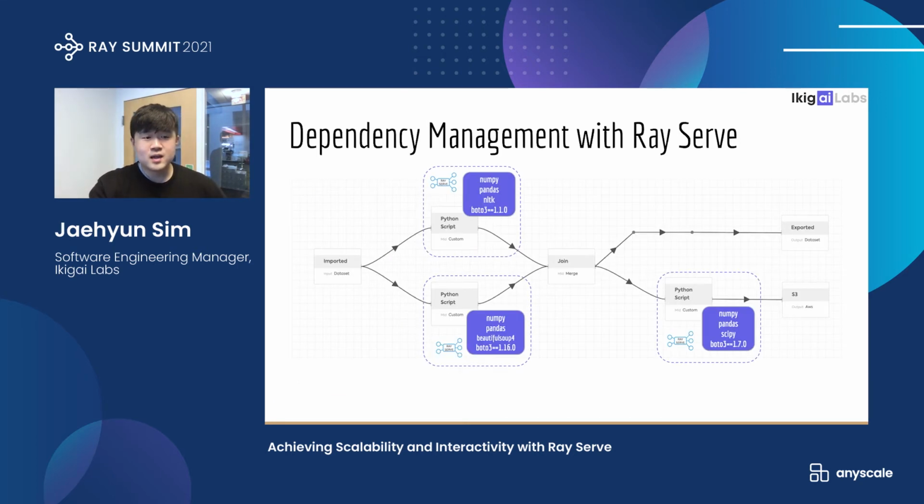This means our pipeline will look like this. Each custom Python script step will be wrapped inside one Ray Serve instance, which utilizes a different conda environment specifically. Since they have their own confined space, there's not going to be a dependency conflict even inside of one pipeline.